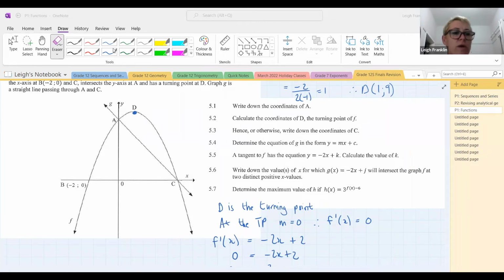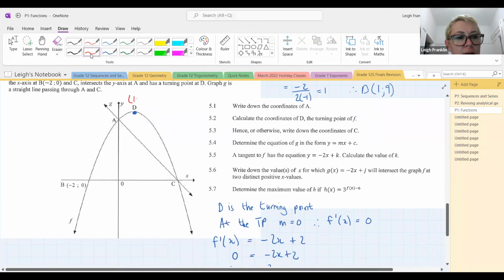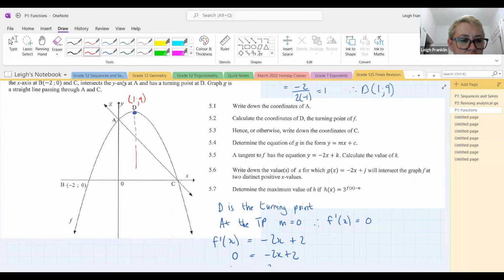Okay, so we know that at D, the coordinates are 1 and 9. Remember, this is an axis of symmetry. It cuts the parabola in half. So how are we going to work out what the coordinates at C are?